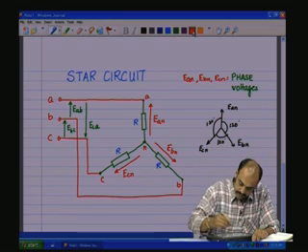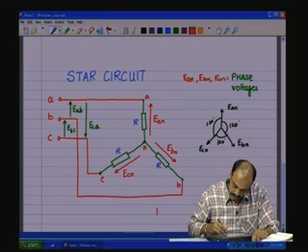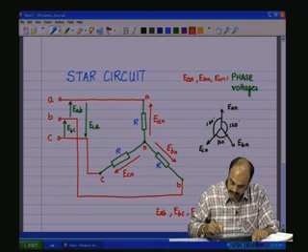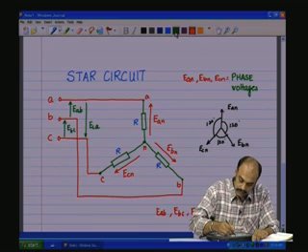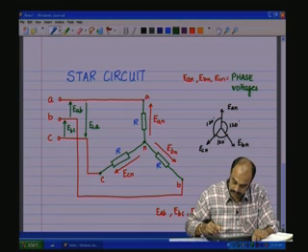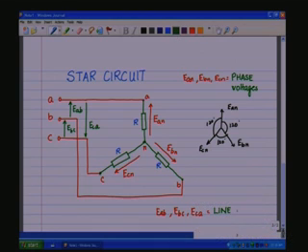And here EAB, EBC, ECA, they are called the line voltages. They are called the line voltages.